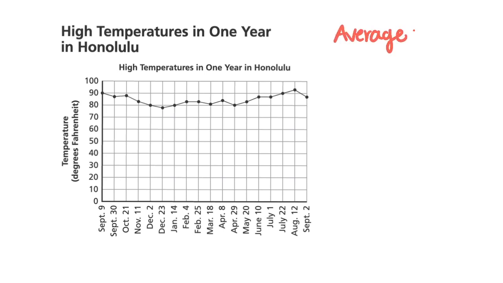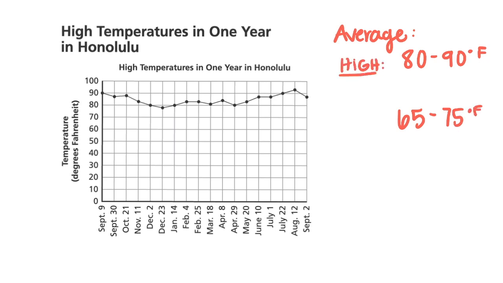Remember, the average means that it's usually about 80 to 90 degrees Fahrenheit. And the average monthly low temperatures range from 65 to 75. So this is the high temperature usually, somewhere between those. And this is the low, usually somewhere between those.